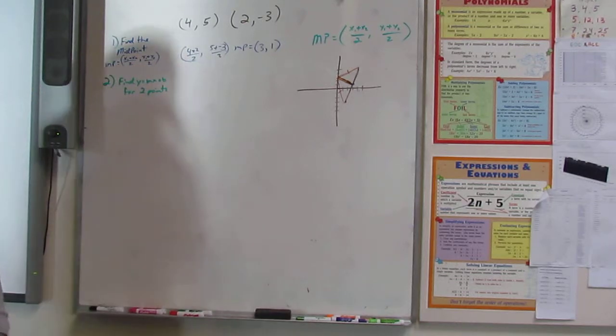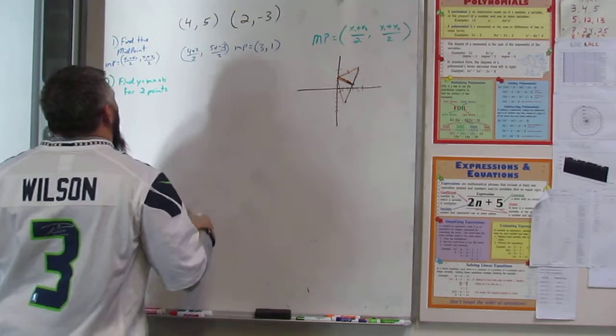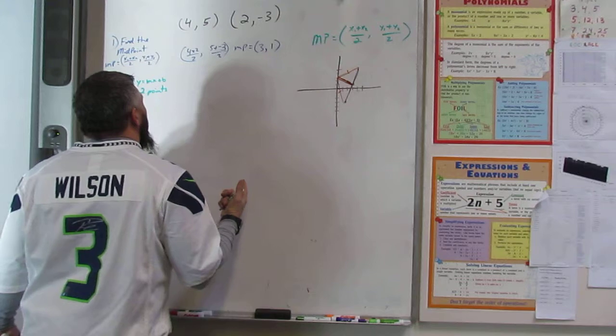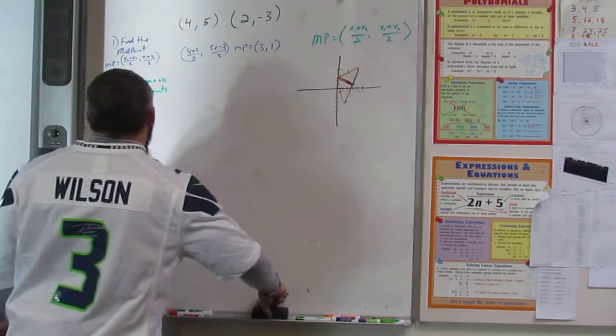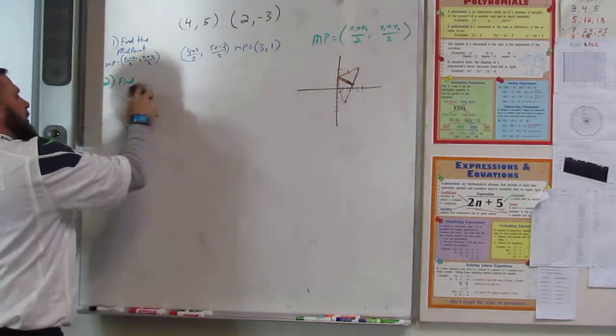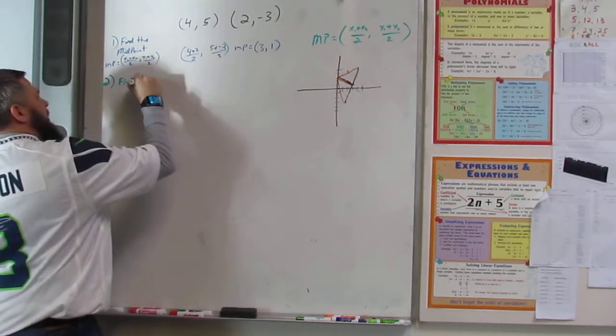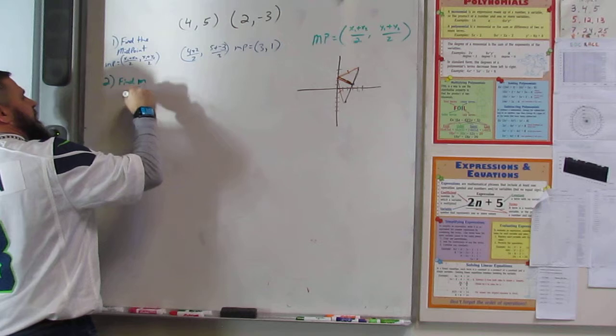Okay? So to do that, we got to find the slope. Actually, all we need is the slope. We don't even need the whole equation, right? I just say find the slope. Find m for the points.